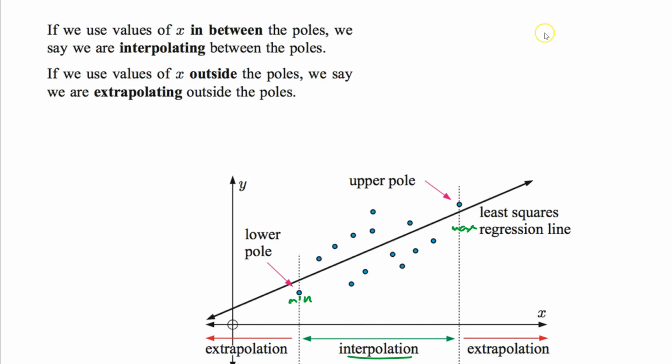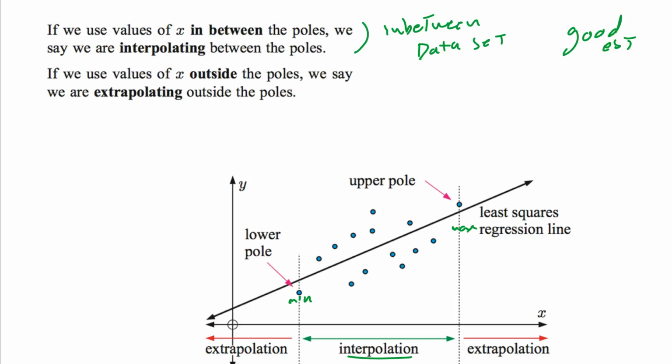Inter. So it's in between your data set. That's the one that's generally going to be a good estimate, because it kind of falls within your data set already. So it's going to be a good estimate.